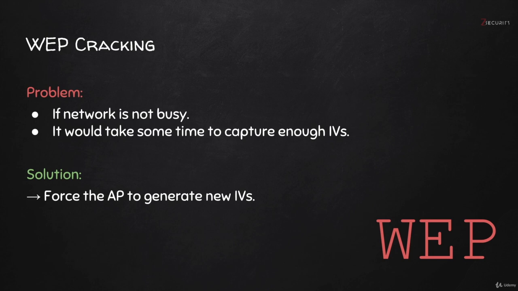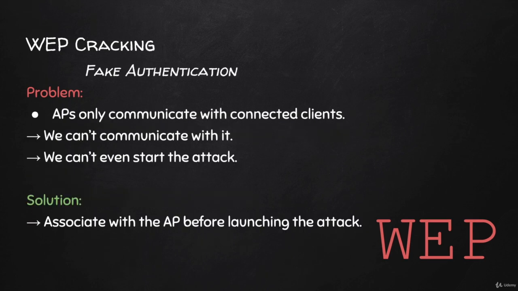Now, before doing this, we need to associate with this network. What I mean by associate is we need to tell this network that we want to communicate with it, because by default, access points ignore any requests they get unless the device has connected to the network or associated with it. So don't get this mixed up with connecting.